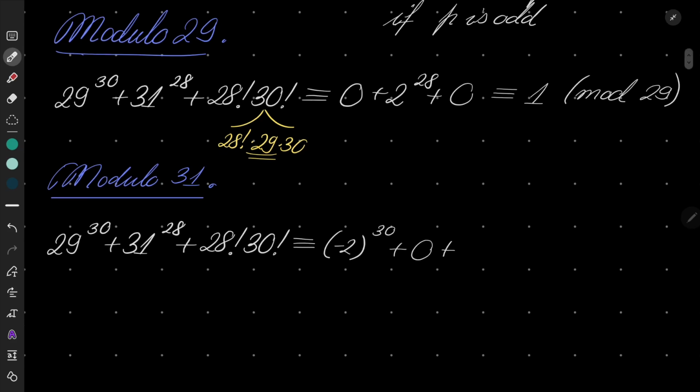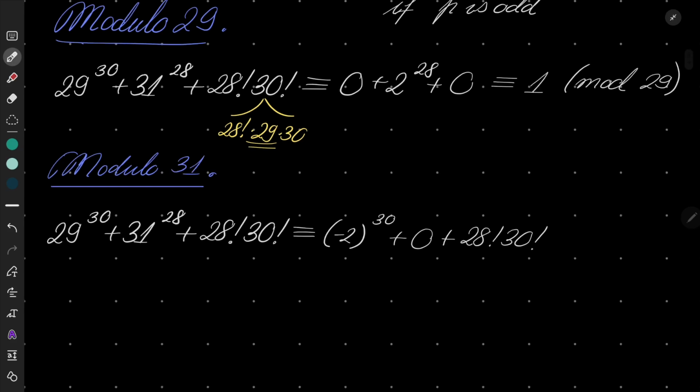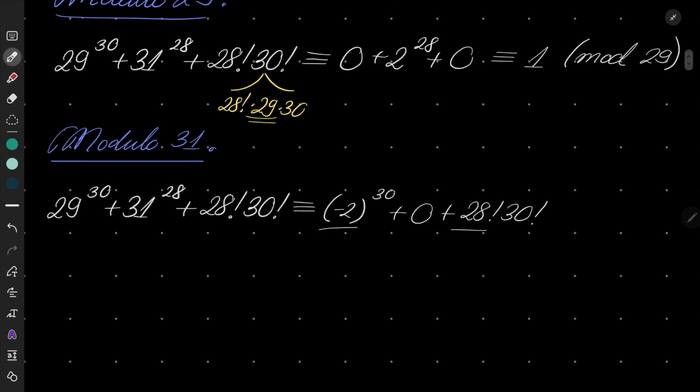And here, finally, we have 28 factorial times 30 factorial. Let's leave it in this form for now, and let's consider this and that separately.